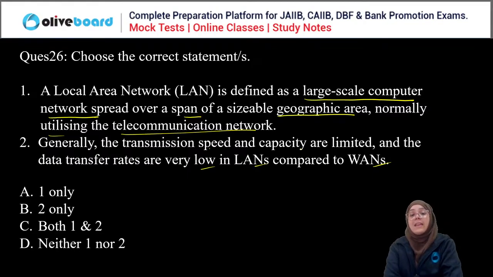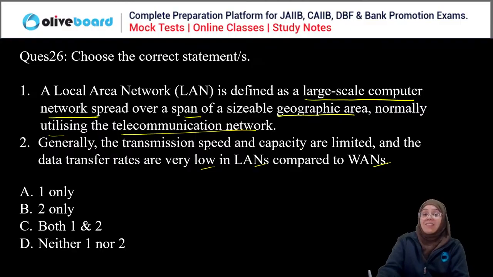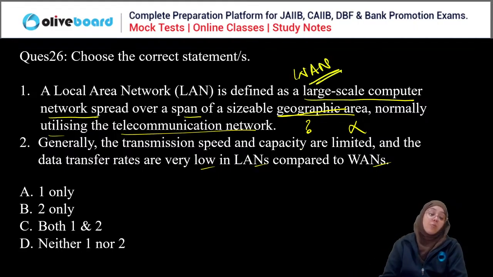So, local area network is defined as a large scale computer network spread over a sizable geographical area. That is not local area network, that is wide area network. The definition is of wide area network. What are you doing, guys? So this is false. Second, generally the transmission speed and capacity are limited, and the data transfer rates are low in the LAN if we compare it to WAN.